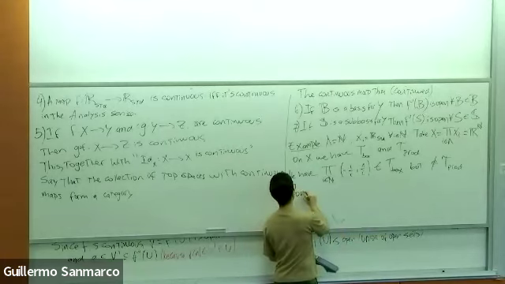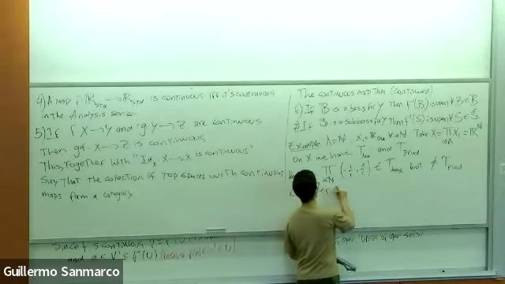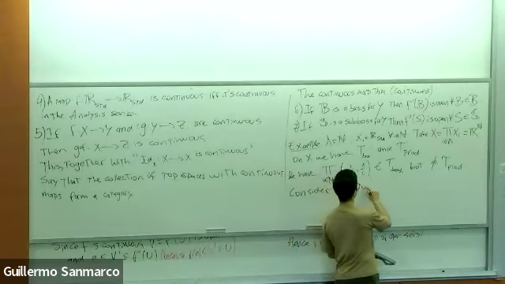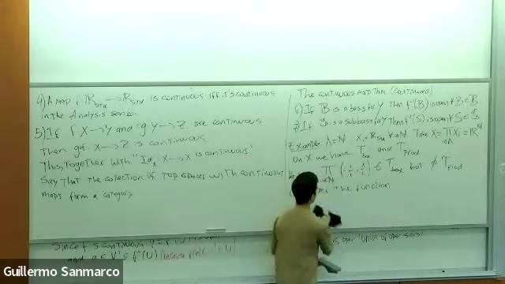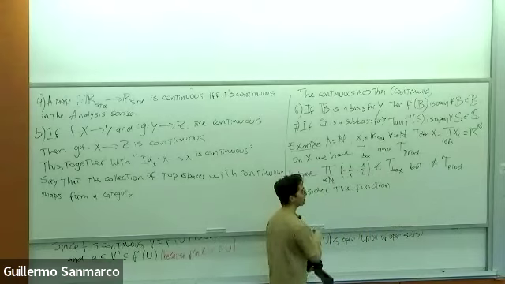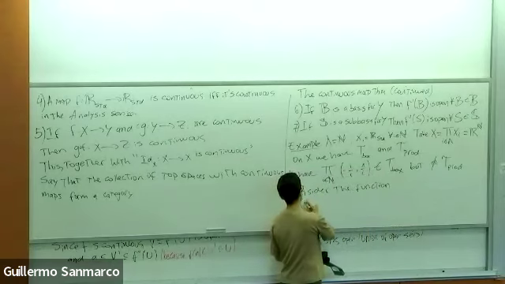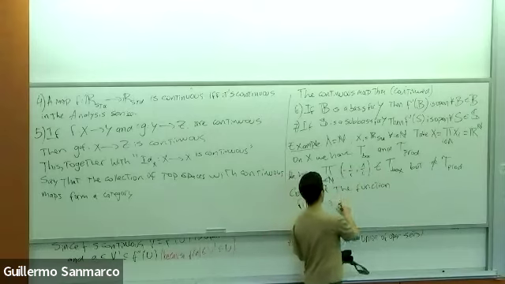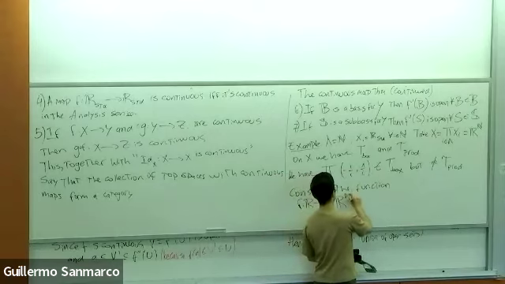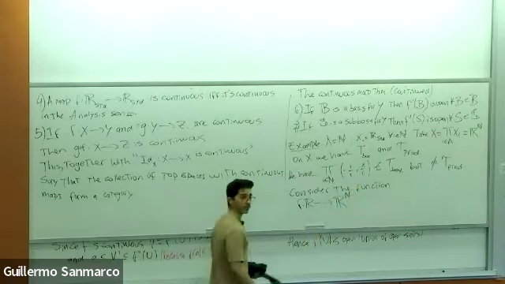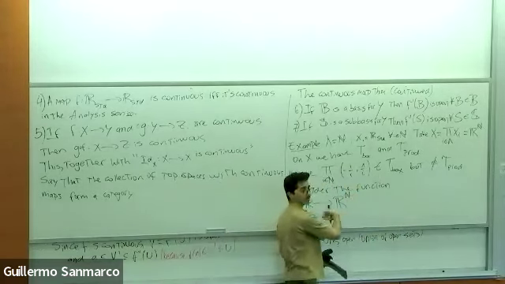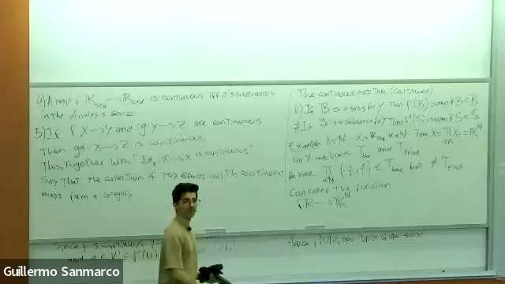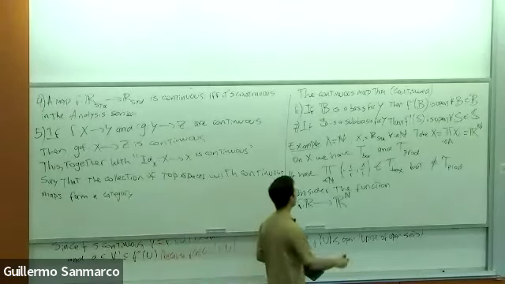So consider this function. I'm going to define a function going from the reals to my X, R to the N. And I'm going to denote the elements here by infinite tuples, because they are functions labeled by positive integers.